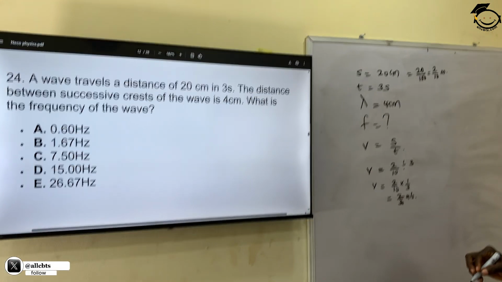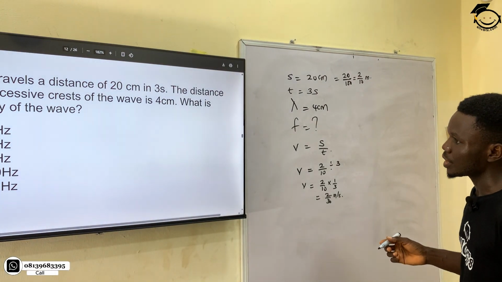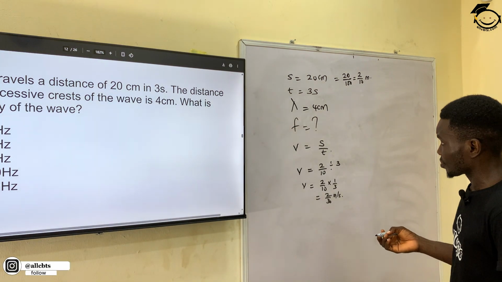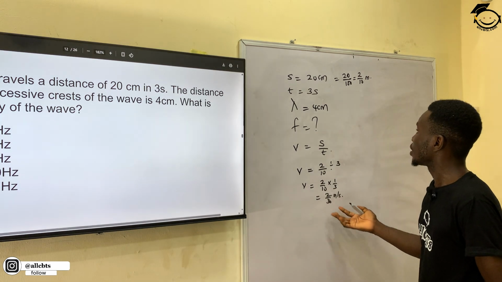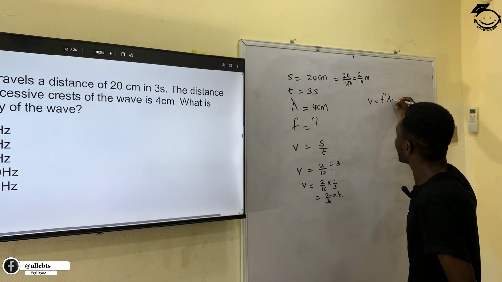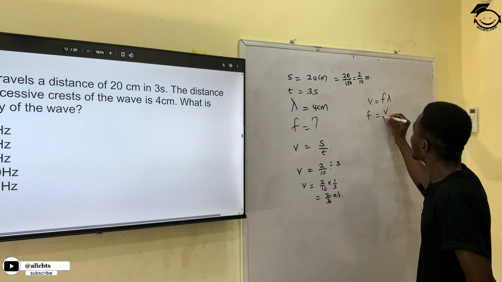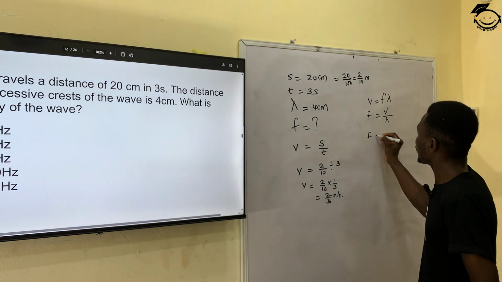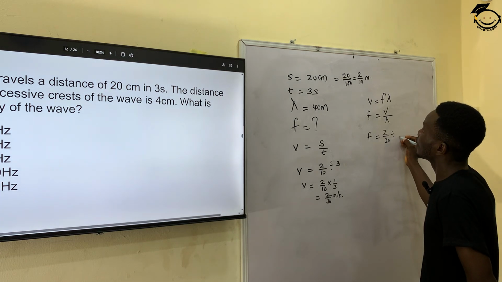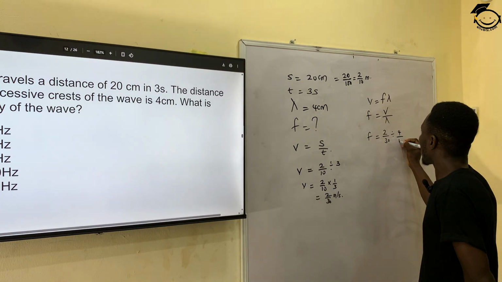But the question did not ask us to find the velocity. Instead, we have to find the frequency. So for us to be able to find the frequency, we have to find the velocity. Hence, we found the velocity. So we know that our velocity is equal to f lambda. So this means that my frequency is equal to velocity over lambda. And that would mean that my frequency is 2 over 30 divided by, if I convert my lambda here, 4 over 100.